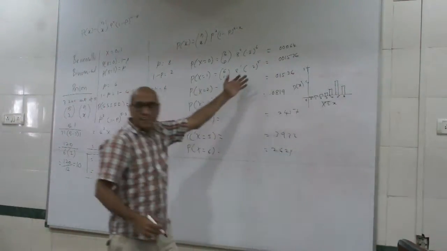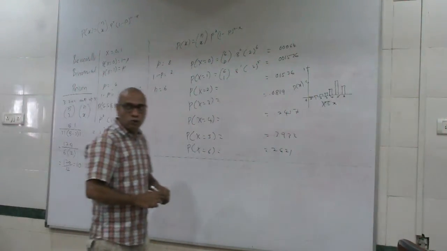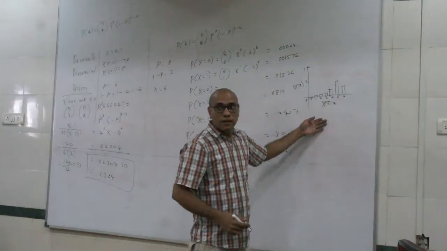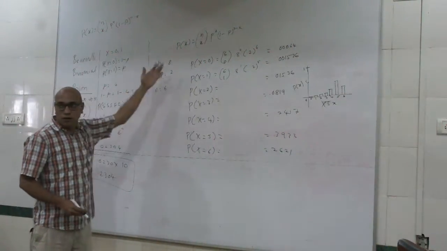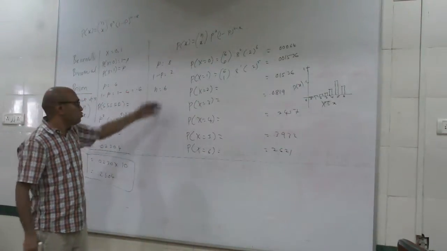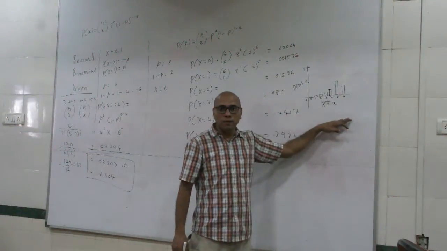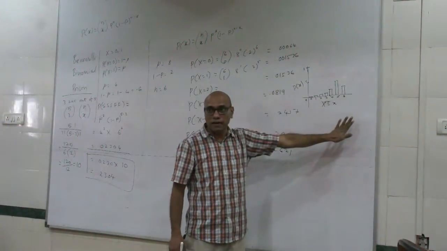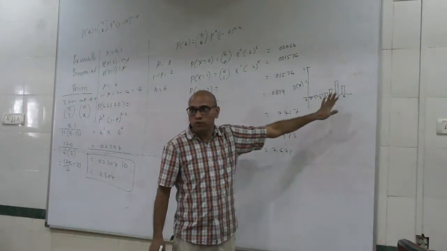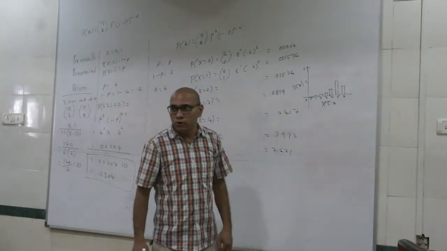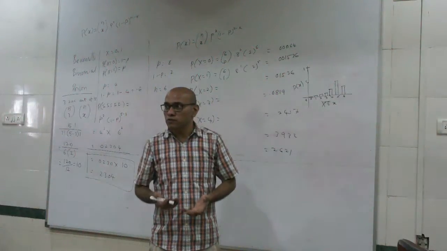Okay, this is my distribution. This is how the distribution would look like if x is equal to 0 to 6, p is 0.8, and I am doing binomial. So this is my binomial distribution. You would understand that I am drawing separate bars because it's not a continuous variable, it's a discrete variable.